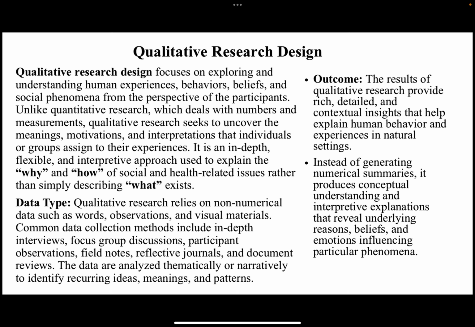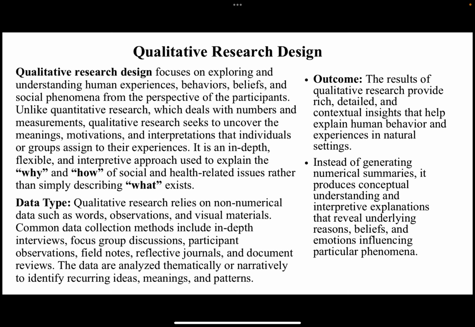Okay, and mostly the common type of data collection instrument or data collection method that is used in qualitative research is what we call in-depth interviews, focus group discussions, participant observations, field notes, reflective journals, and document reviews.